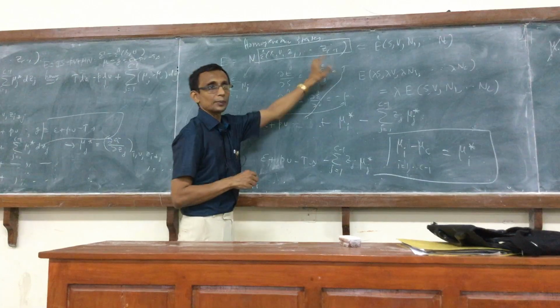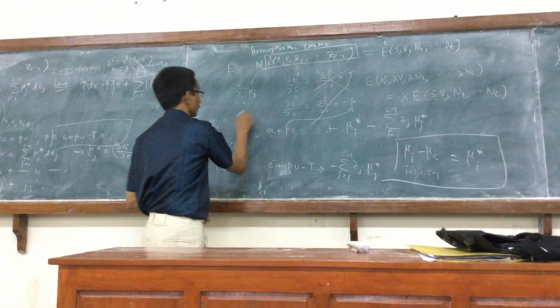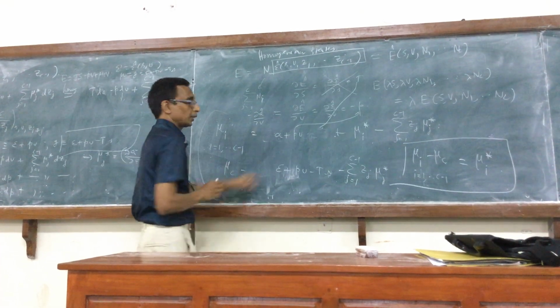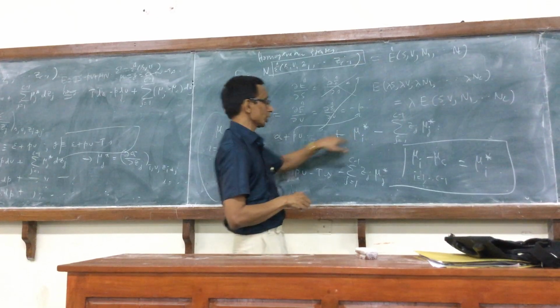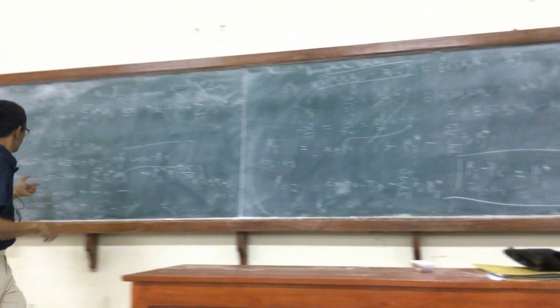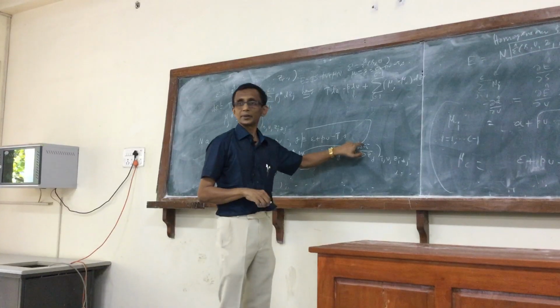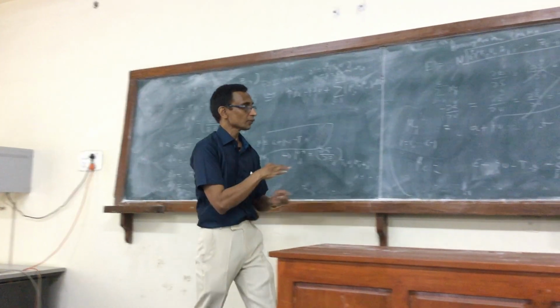T is a natural variable, so I don't have to worry about this. Now P is also minus dA by dV. So P is known from A. T is again a natural variable. We have shown that Ui star can also be expressed in terms of the derivative of A with respect to the corresponding mole number.